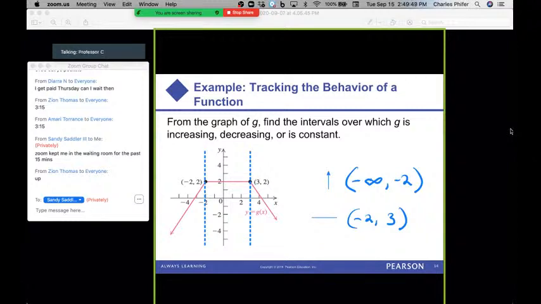Then we say it's decreasing. It's going down.